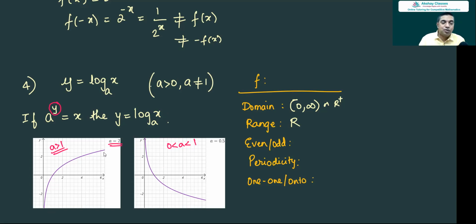So although it increases, the rate at which it increases will reduce, but it will keep going to infinity. There is no end to it, because x can take infinite values. Correspondingly, log x to the base a will take infinite values. So the range goes from minus infinity to infinity. Very good. Next, whether it is even or odd.